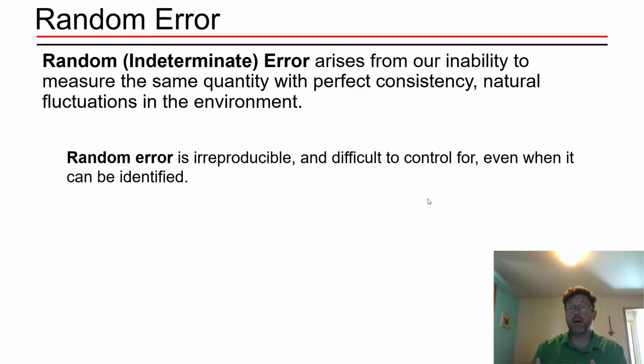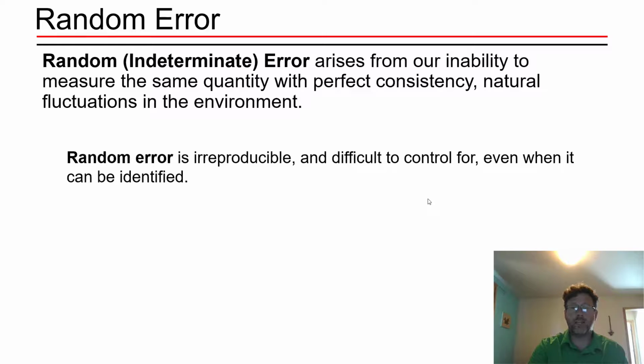Random errors can be minimized by improving your laboratory technique or watching reaction conditions a little more closely. But random error is always irreproducible and difficult to control for. So in certain situations, random error can be minimized, but it can never be removed entirely from an experiment. Systematic error can more or less entirely be removed from an experiment, where random error effects can only be minimized.